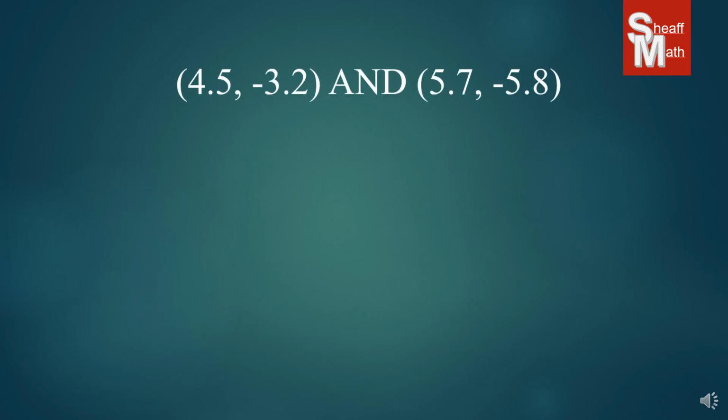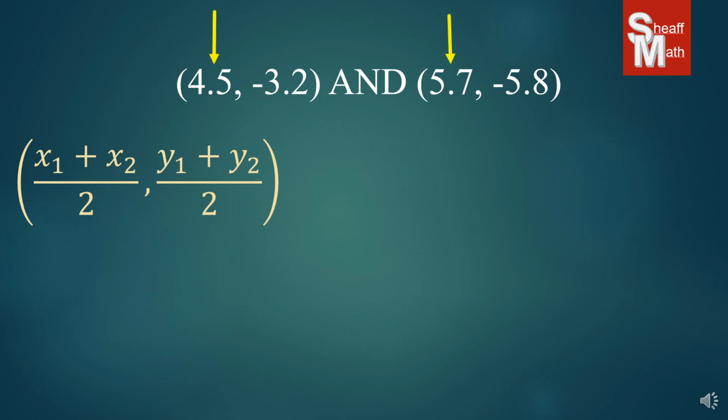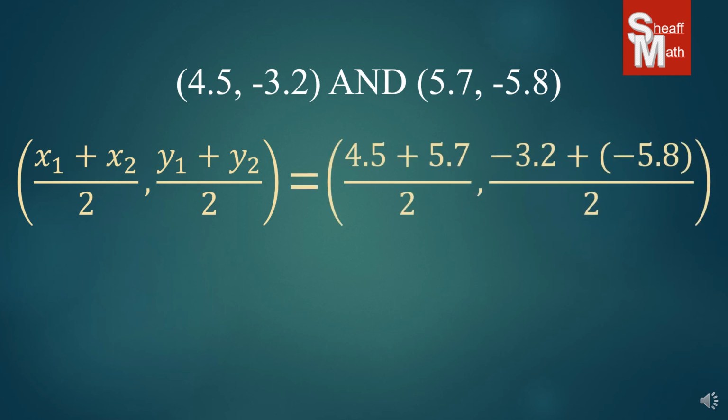You'll also come across problems that have decimals in them. The same thing applies with the formula. We're going to be adding the x's together and dividing by 2, adding the y's together and dividing by 2. We put our formula together, and we add the top.